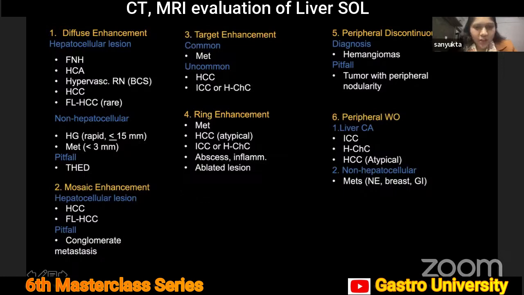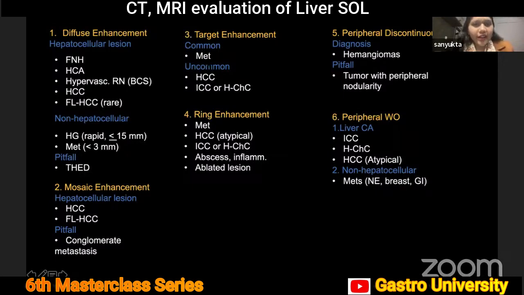I'm nearing the end of the lecture, but I would just like to emphasize the enhancement patterns which help us clinch the diagnosis. The peripheral discontinuous pattern is very characteristic of hemangiomas. Of the three enhancement types, the very sinister one is ring enhancement, which is almost always either an inflammatory pathology or cancer: metastasis, HCC, or ICC.